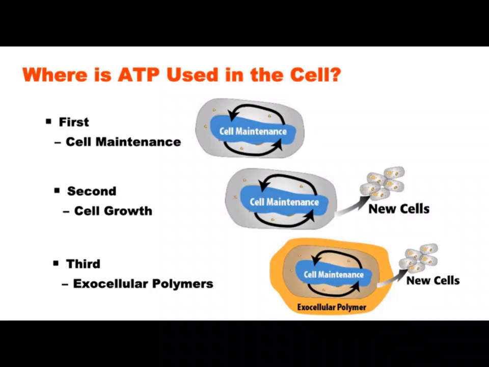A very well-known uncoupler that does exactly this is a compound called dinitrophenol. Dinitrophenol was discovered to do this back around the World War I era. It was discovered by folks on the East Coast.